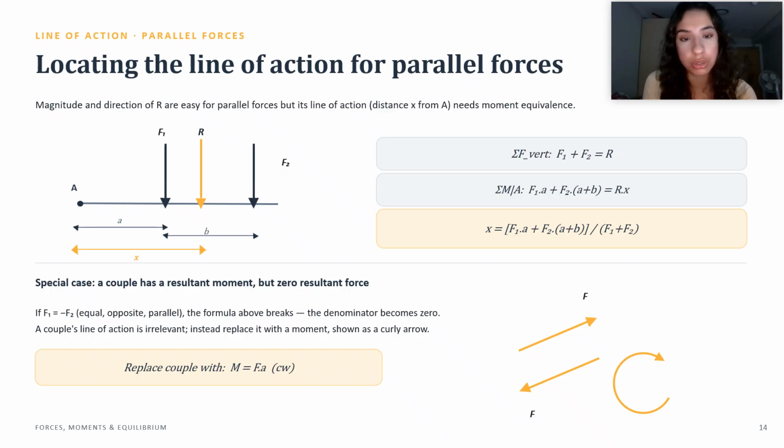They're going to cancel each other out. So it doesn't matter. The line of action almost doesn't exist, and instead we show it in terms of moment. So which rotational direction, clockwise or counterclockwise, it's going.